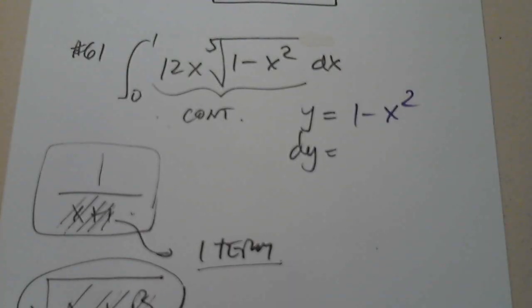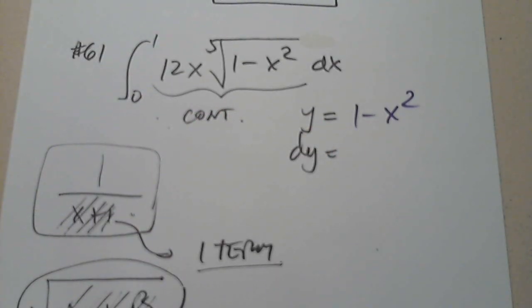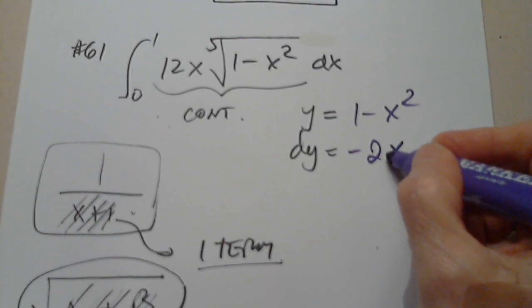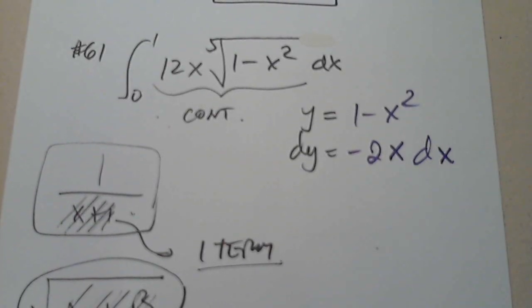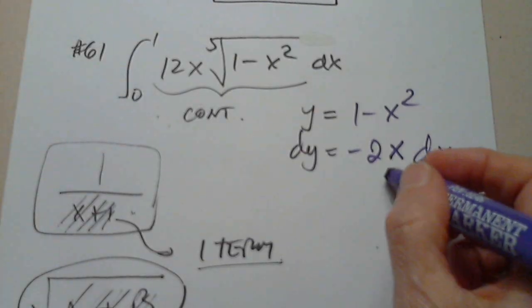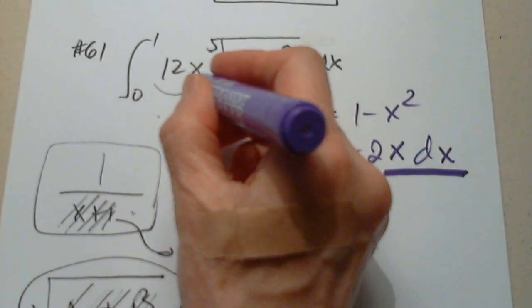We need dy, because we cannot change the integral from x to an integral in y without dy. Negative 2 dx. To x dx. Good. So I have the x and the dx. Here they are.